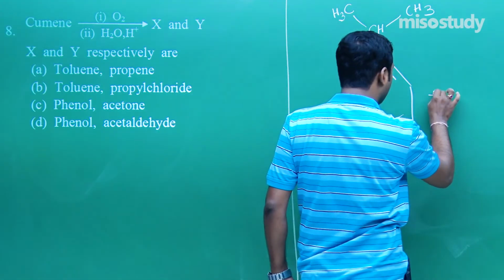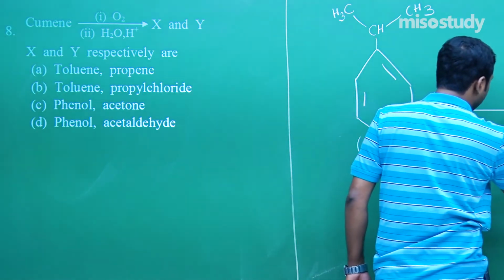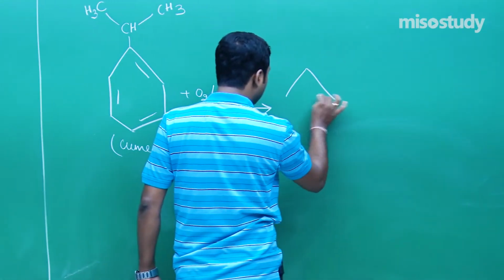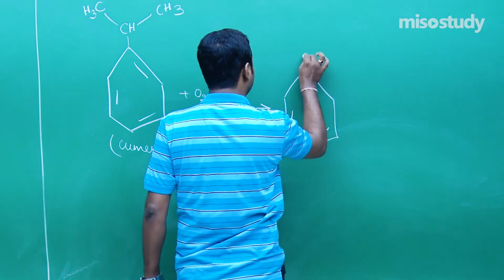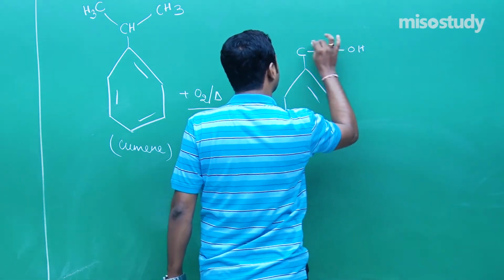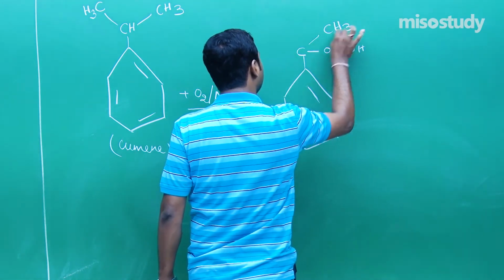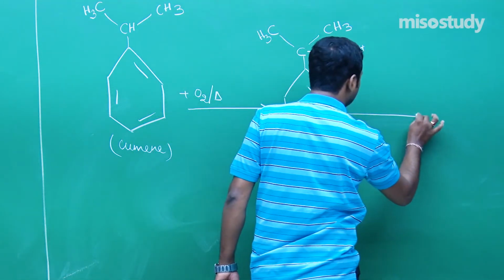Cumene, first of all, with treatment with oxygen, it gives you the intermediate product, that is C-O-O-H, then put here CH3, then also put here CH3.